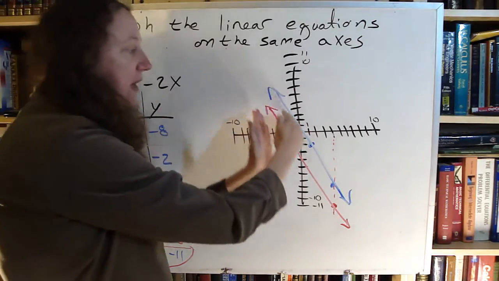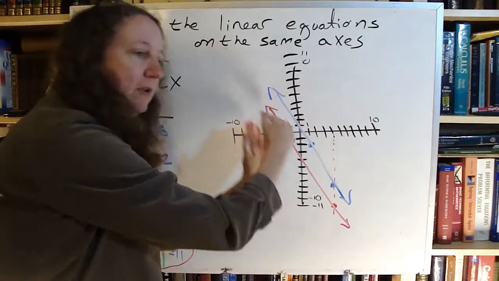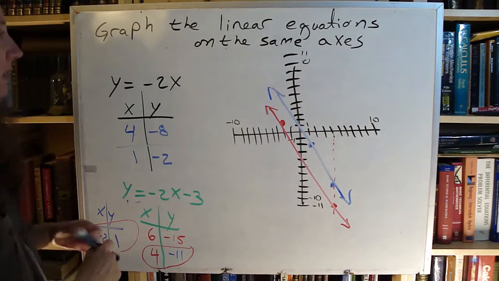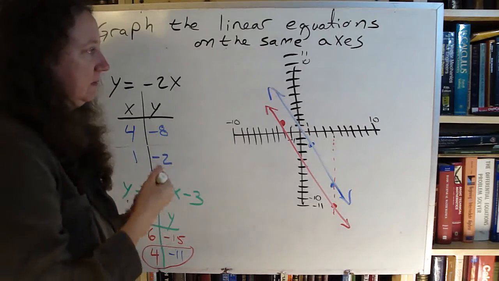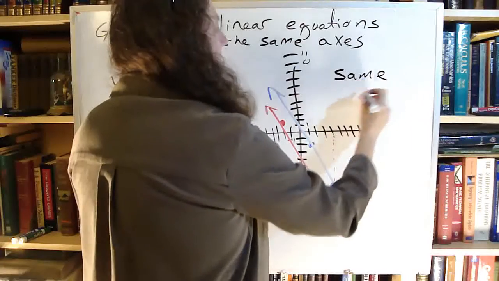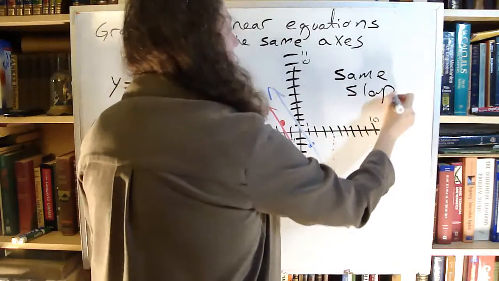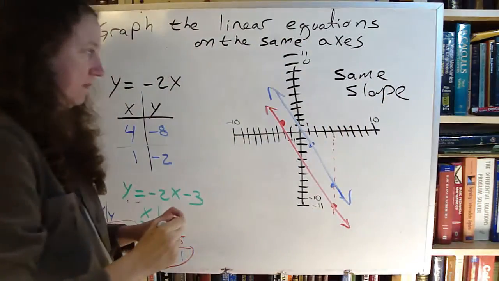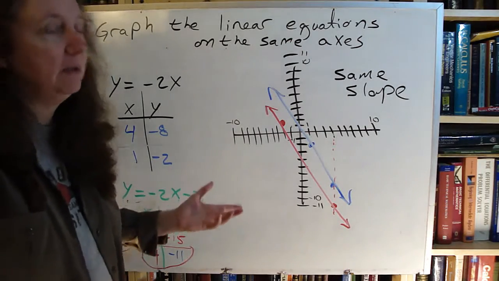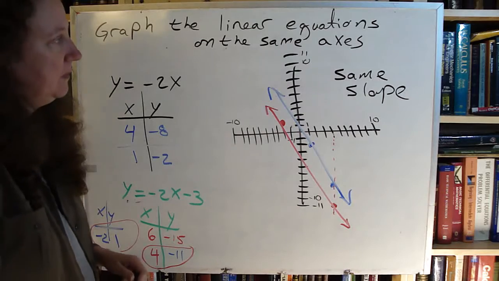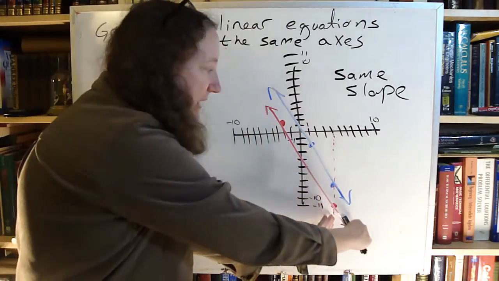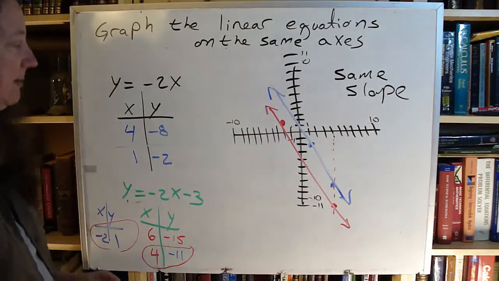So they have the same slope, they have the same tilt to them. I prefer using the word slope. Same slope. The book is going to use the word tilt sometimes, and sometimes it's going to use the word slope. But they're both going down at the same rate, the same angle.